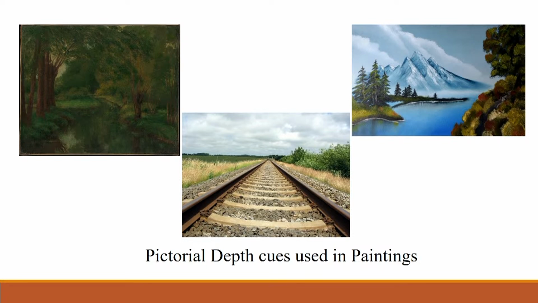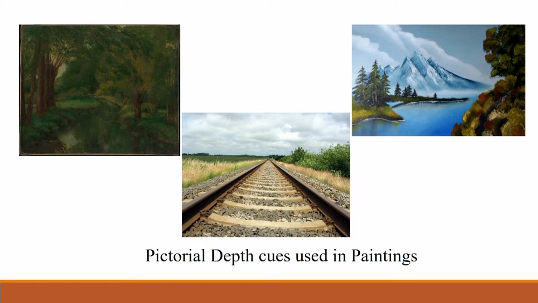These are 2 parallel lines, but when we see from this point, they seem to be converging. So this is an important cue, and we are able to perceive that it is going farther away from us.